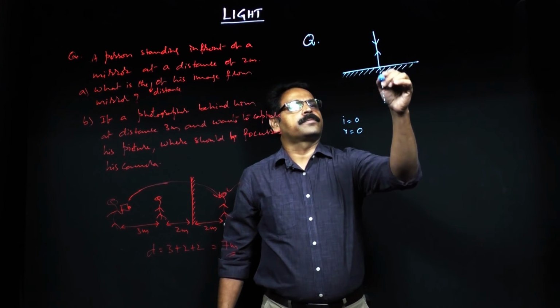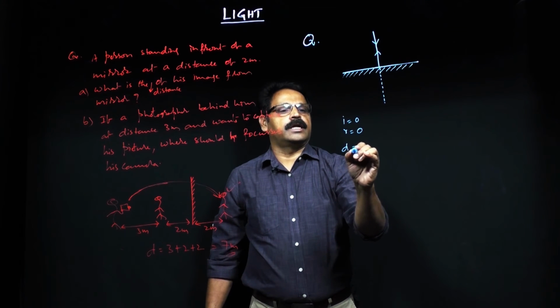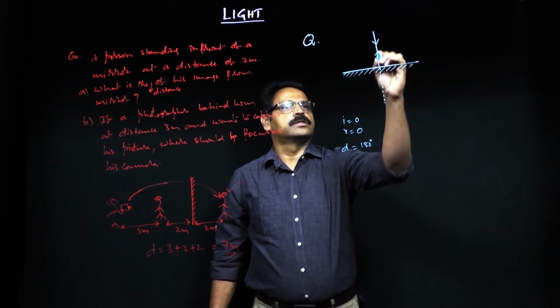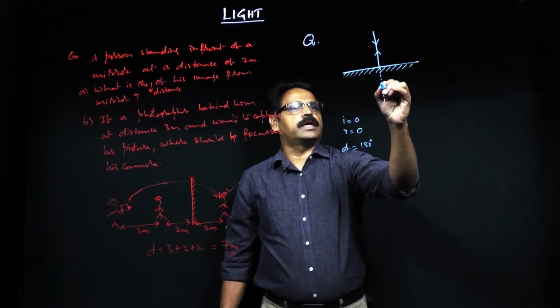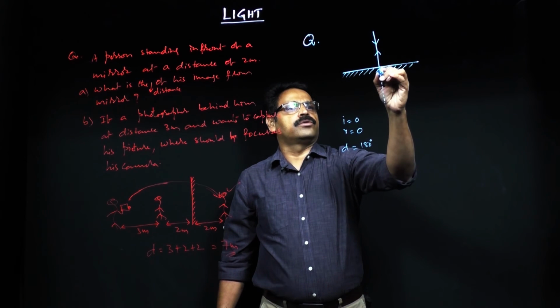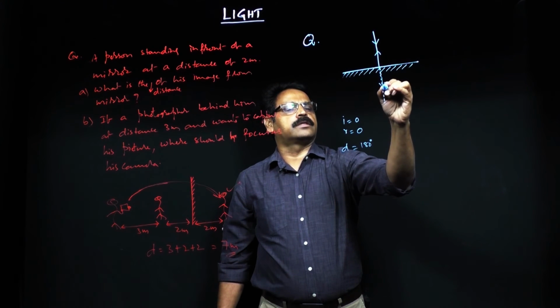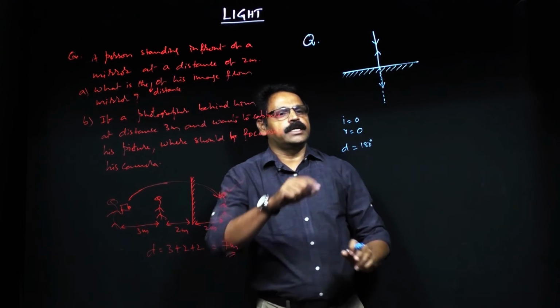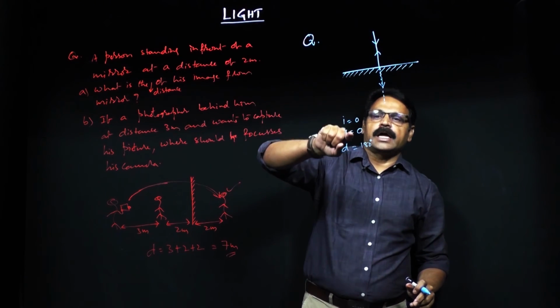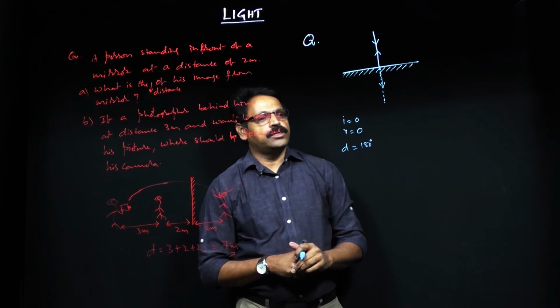But coming to the deviation angle, that is 180 degrees, because this is coming downward, whereas this is going upward. So with reference to the original path, the deviation is going to be 180, and angle of incidence and angle of reflection will be 0 only.